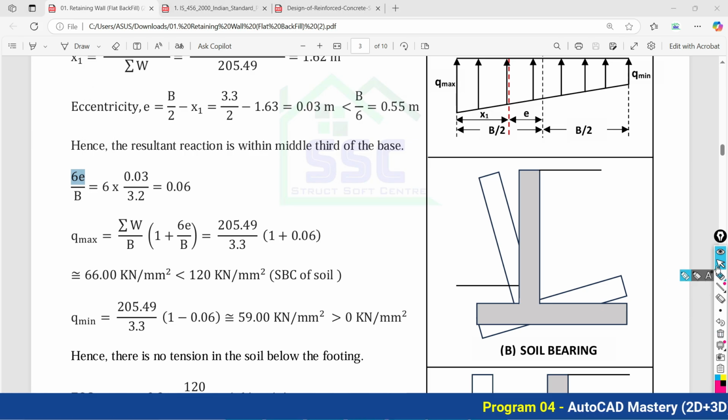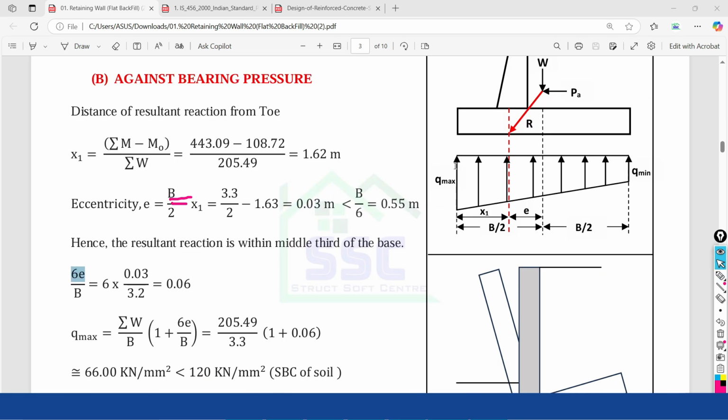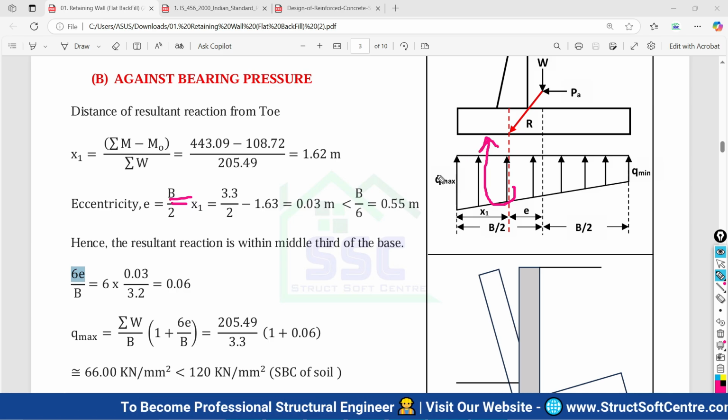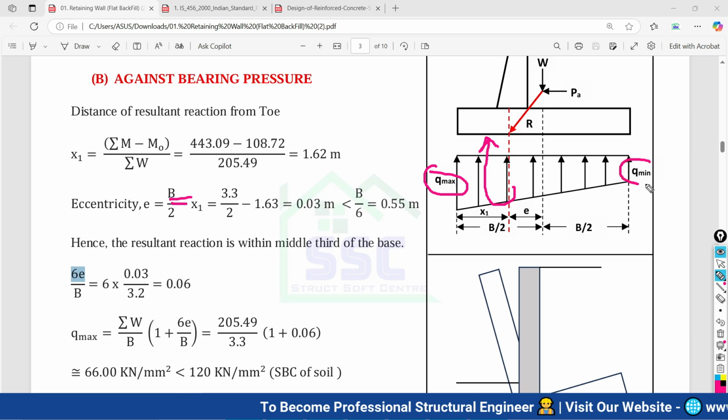This value will be needed to calculate the upward soil pressure from the base, meaning the soil present under the base of the retaining wall is going to exert pressure. We have to calculate both the maximum pressure and the minimum pressure.